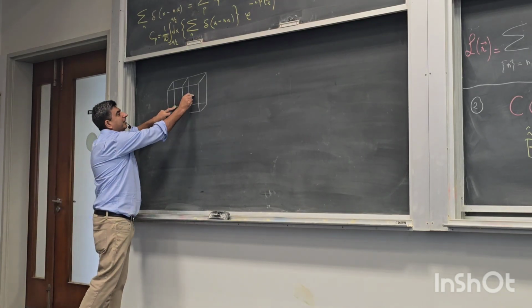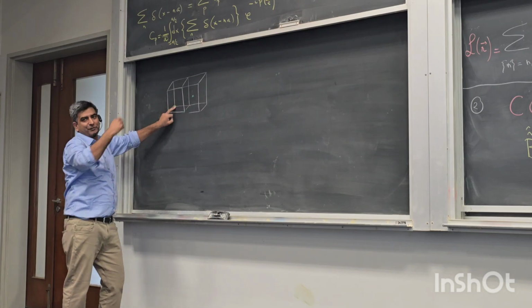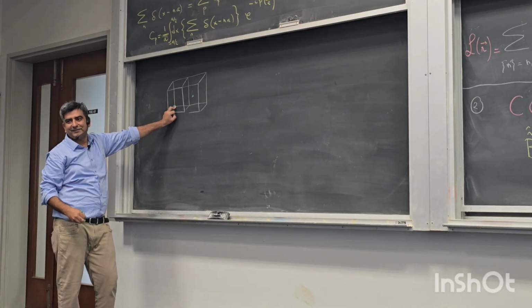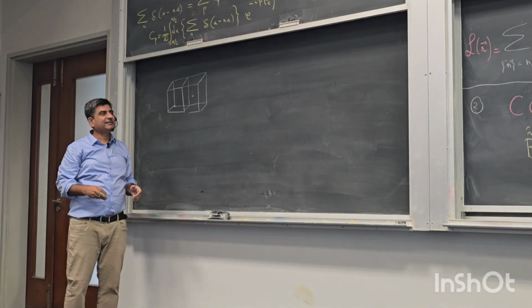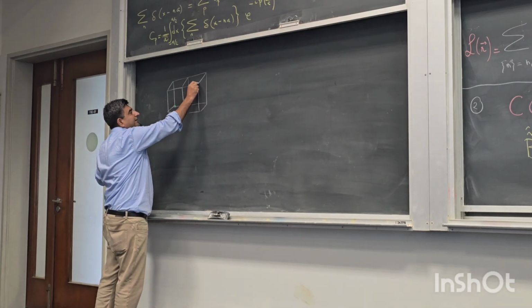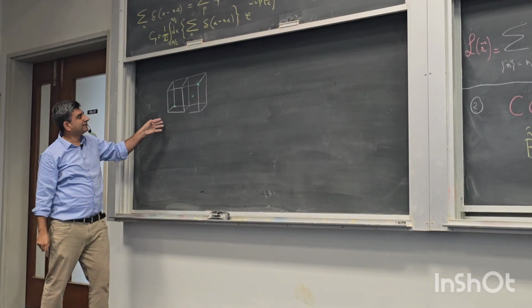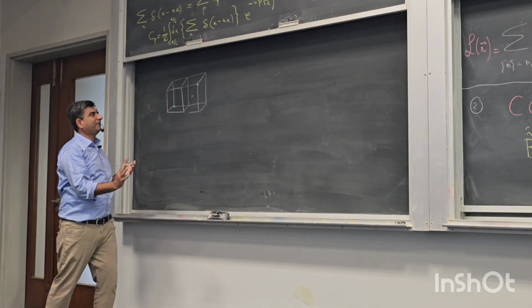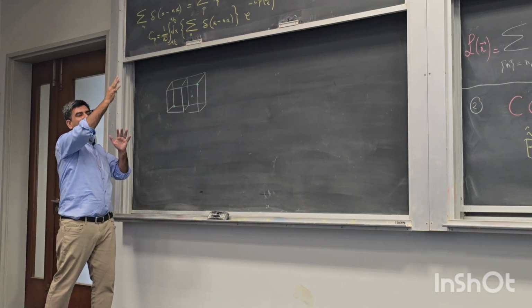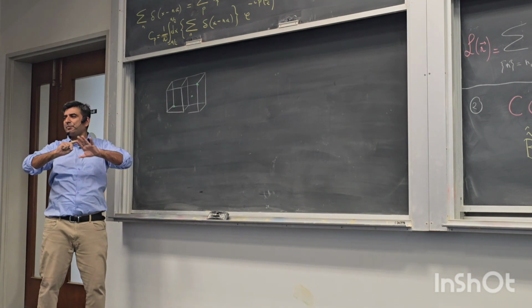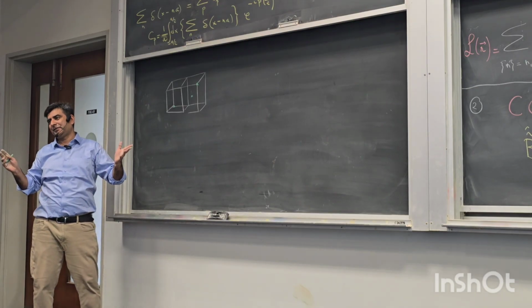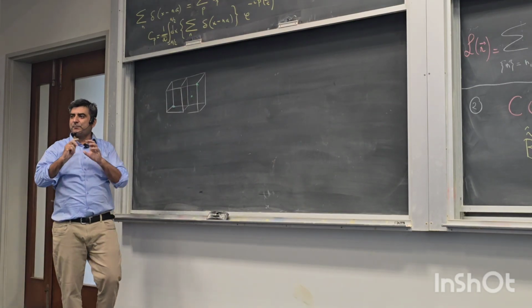And I take a point in the neighboring unit cell, which is 2 units away along A, 1 unit along B, 1 unit along C and so on. So it could be in any unit cell, any lattice point. On this lattice point I've put a basis.